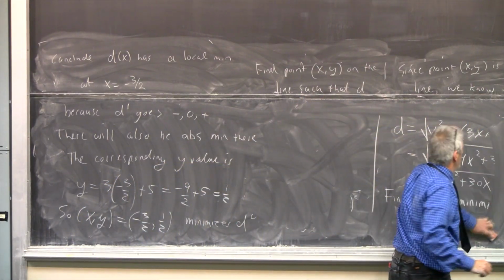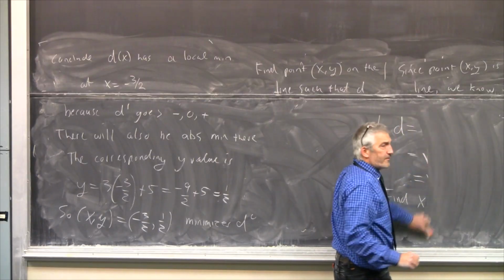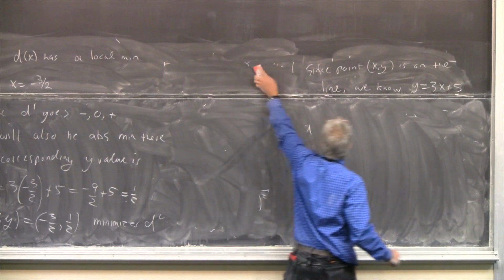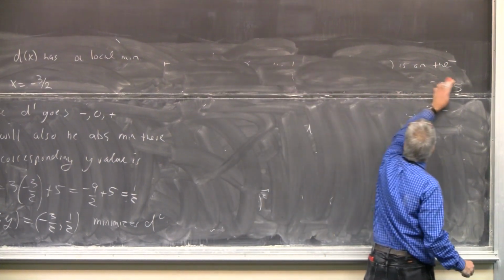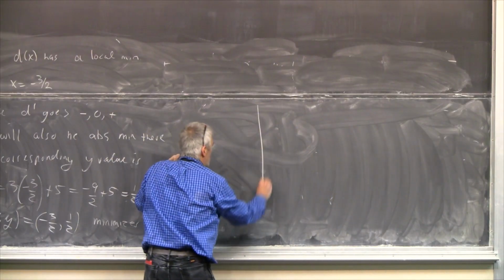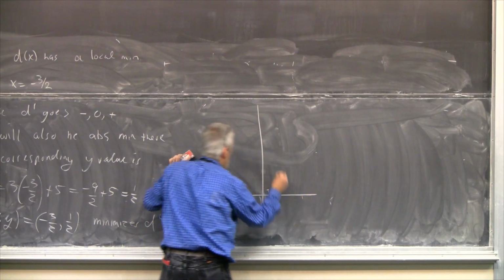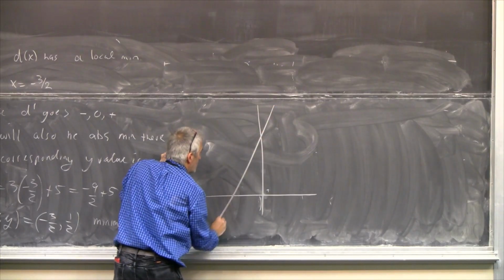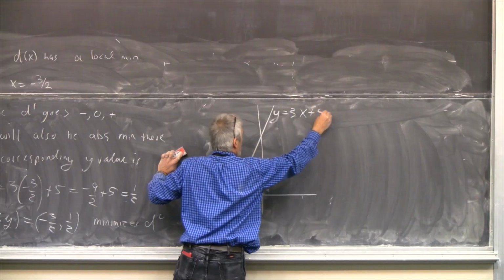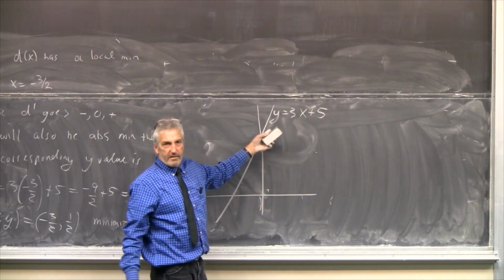Now I want to go back and illustrate this on our drawing, just to draw your attention to something cool. Our given line has, what's the slope of this line?